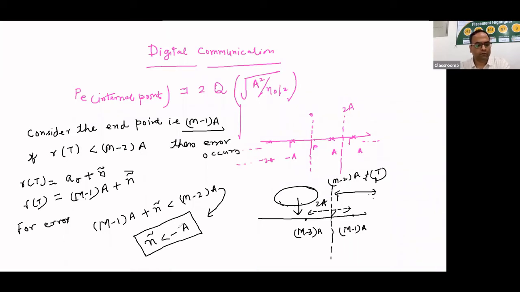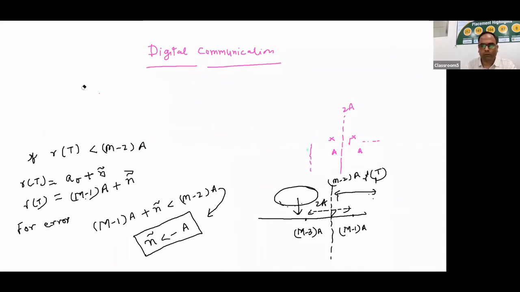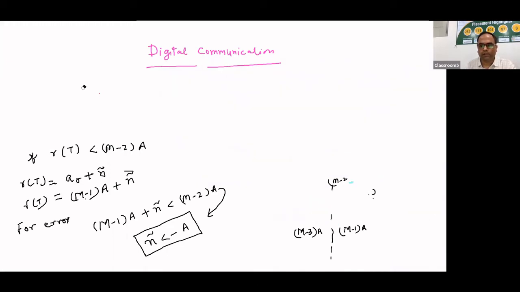So now if we want to calculate the probability of error, it means we have to calculate the probability that n tilde is less than minus a, right? N tilde is less than minus a.